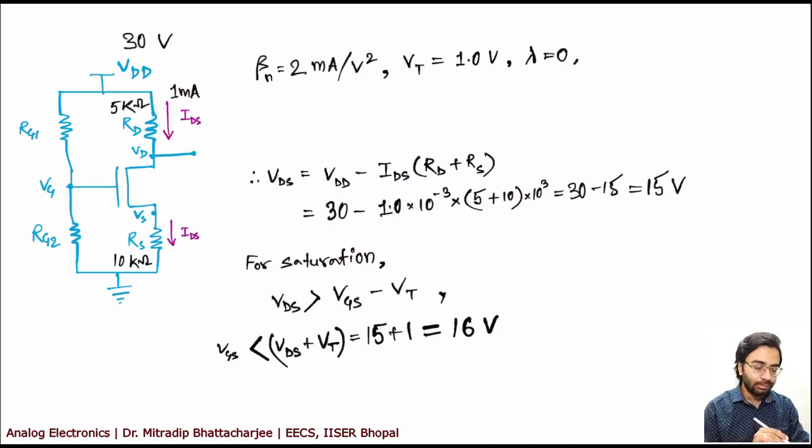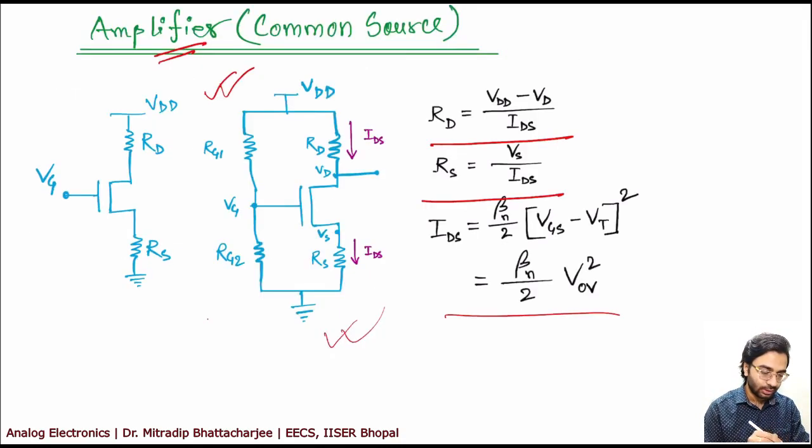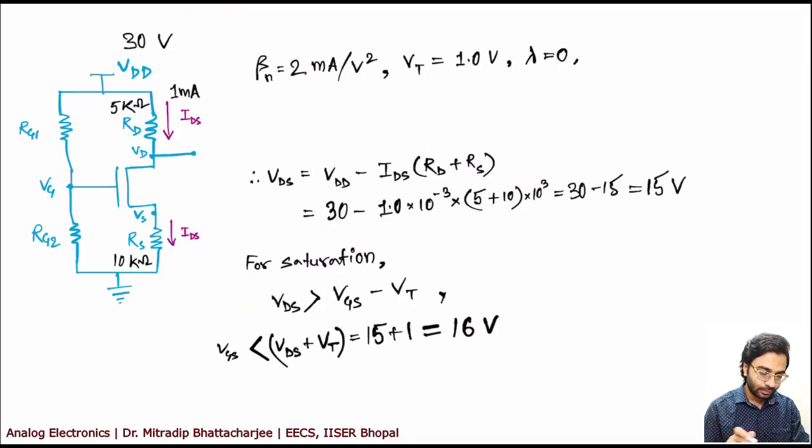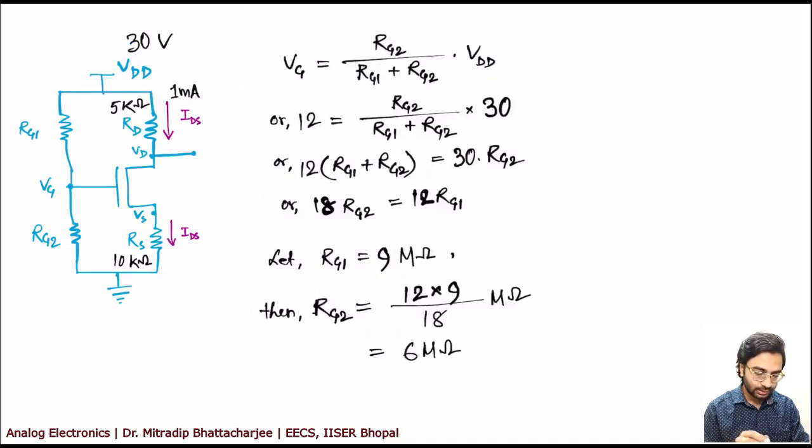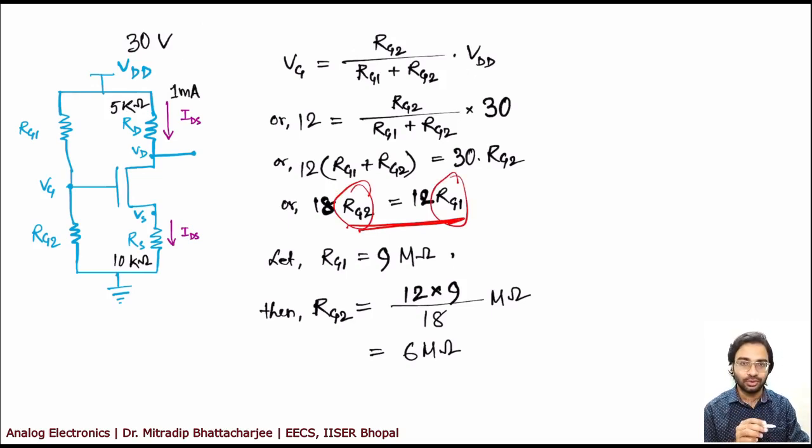And I solved a problem as well, which is based on this kind of biasing. So this problem showed that once we have the values, we get a relation between RG1 and RG2. So it's basically a ratio.